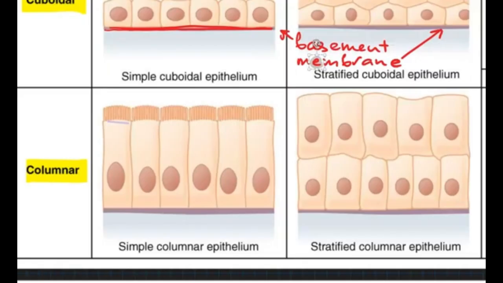So this side here, it's called apical, actually. Let me remove it. So this is apical side. And this is basolateral.